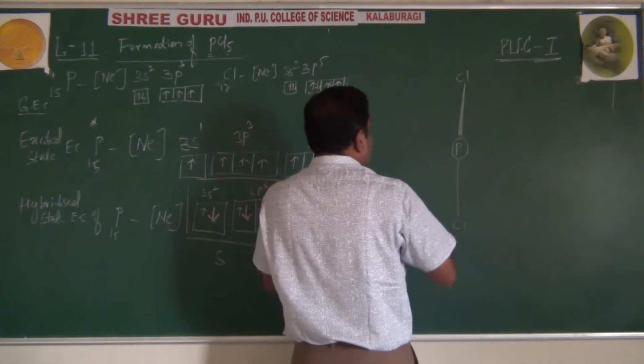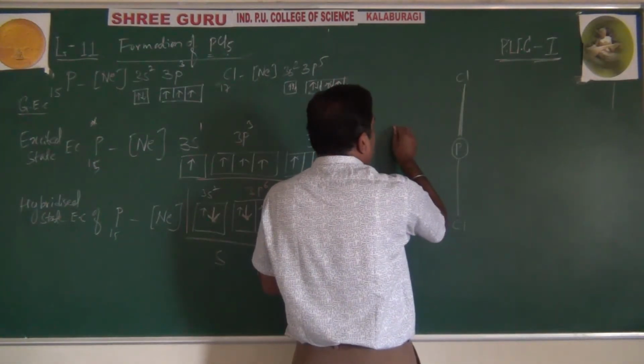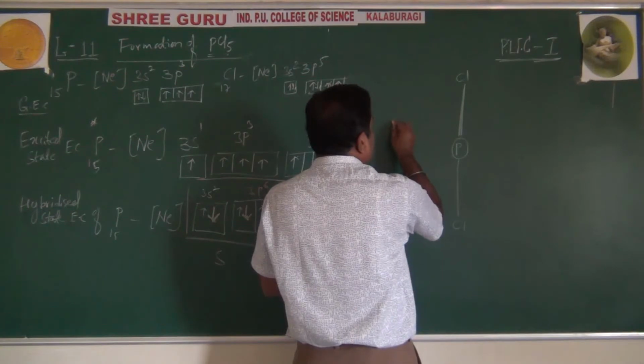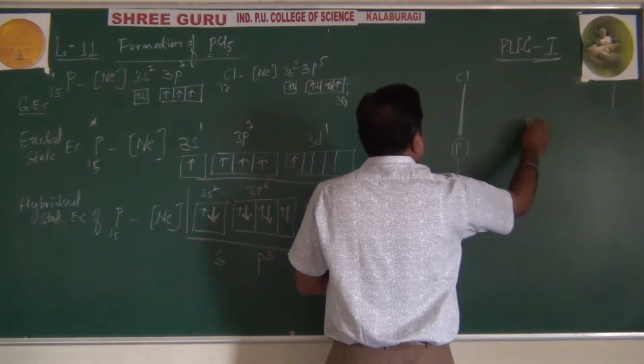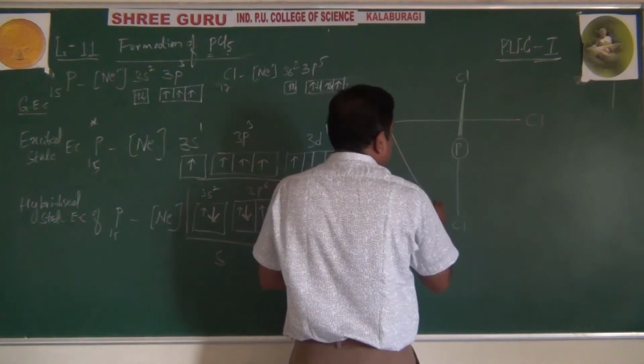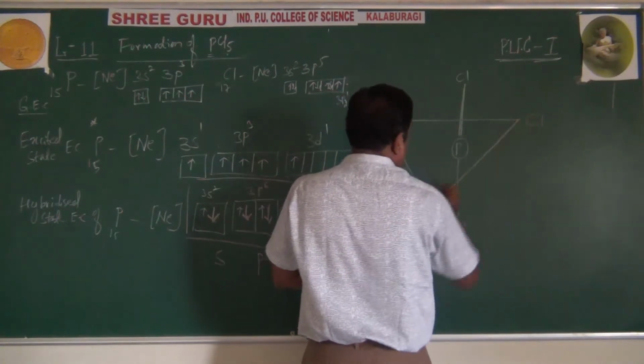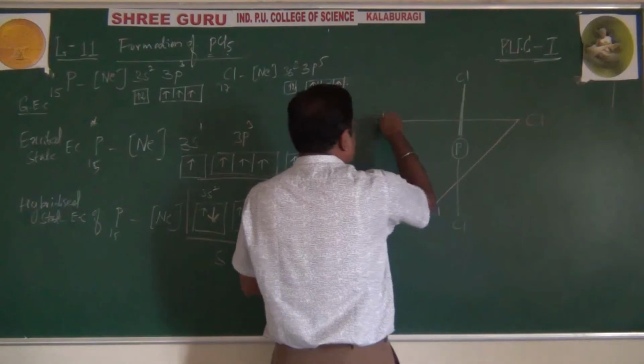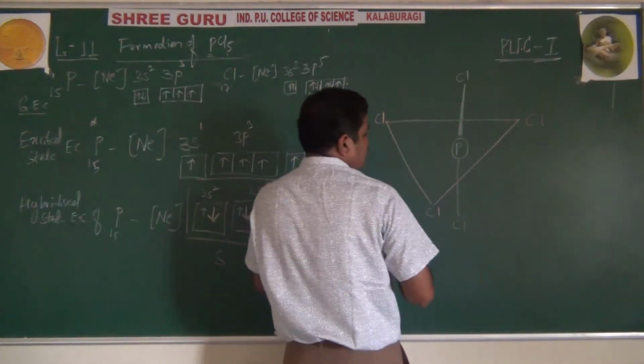And three, that's important, another three on the same side, having the equatorial bonds, right?